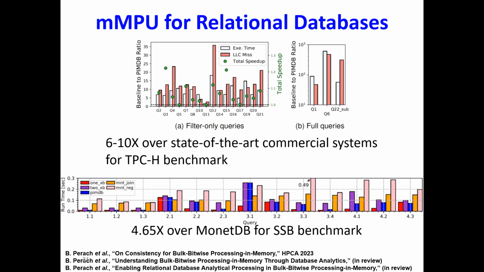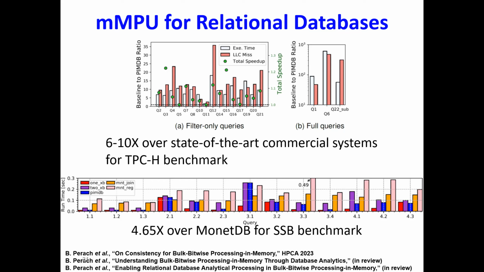On the top, for the TPCH, we compared it to a commercial machine whose cost is $400,000 just to accelerate and perform TPCH, because there are known tests for that.